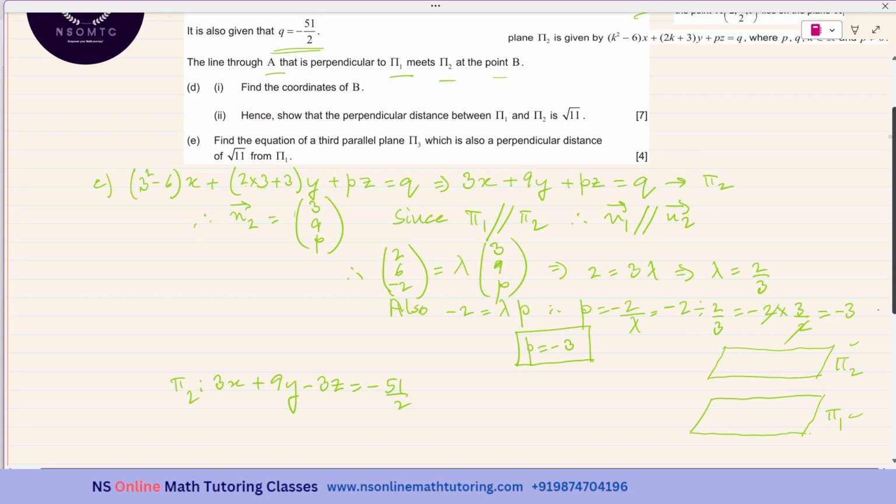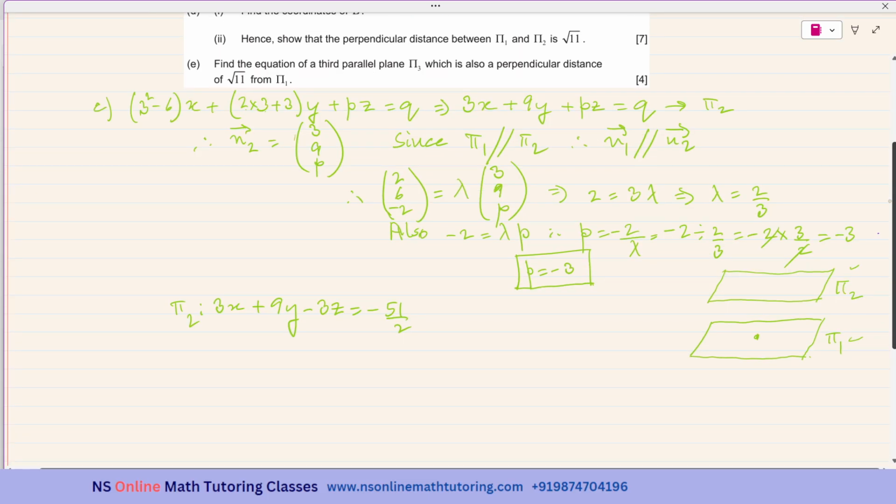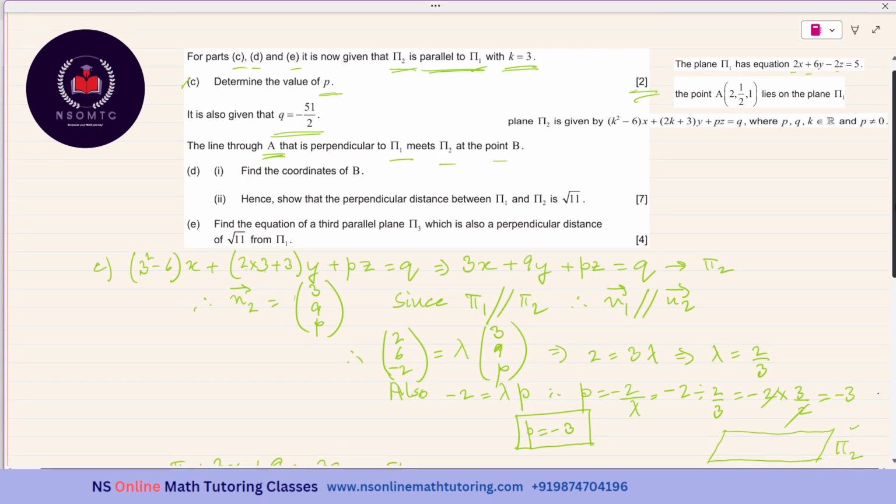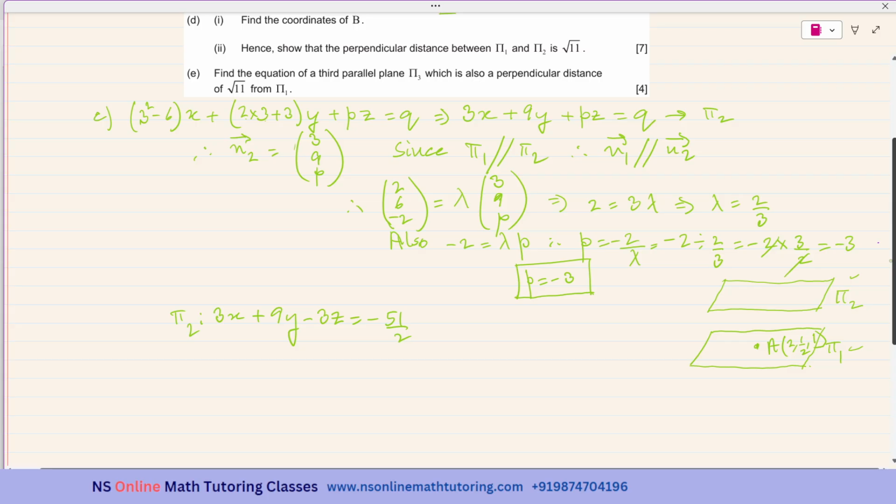And it is saying the line through E is in pi 1. So let me just take any arbitrary point. This A is on pi 1 and it is having the coordinates 2, half and 1, right? Yes. Okay. So a line perpendicular to pi 1 is meeting the pi 2 at the point B. So therefore the EB vector is perpendicular to both the planes pi 1 and pi 2.